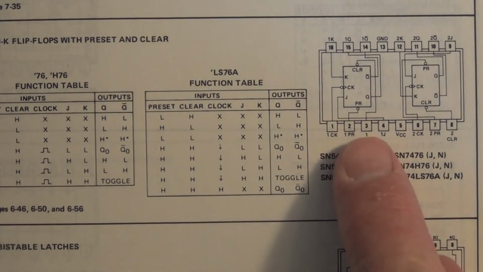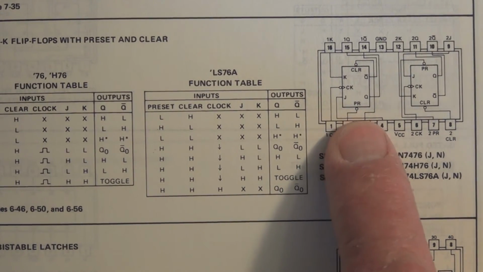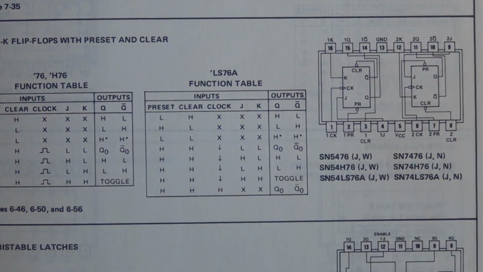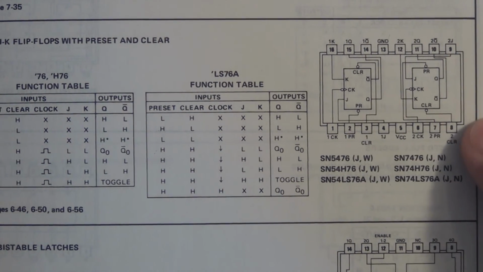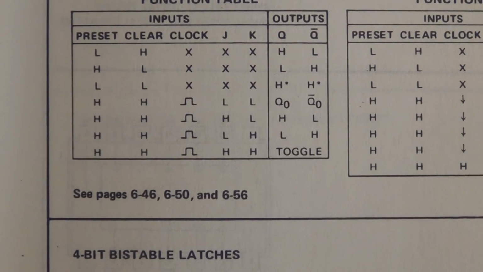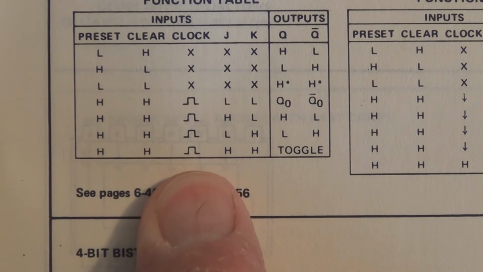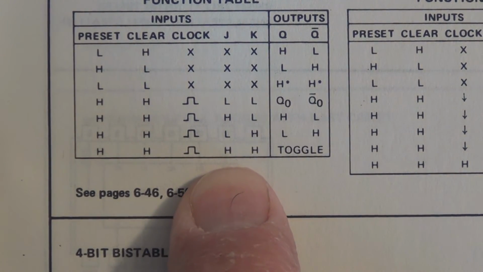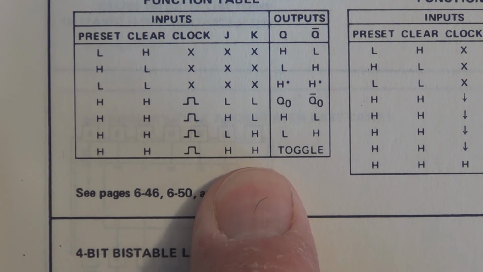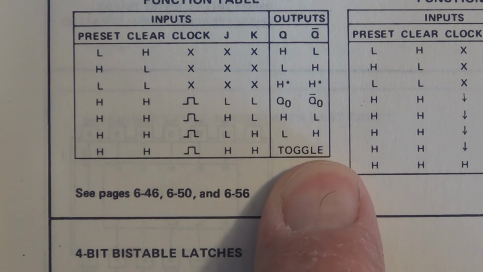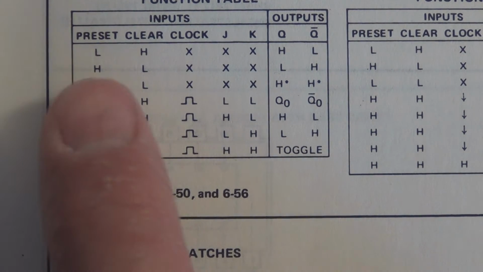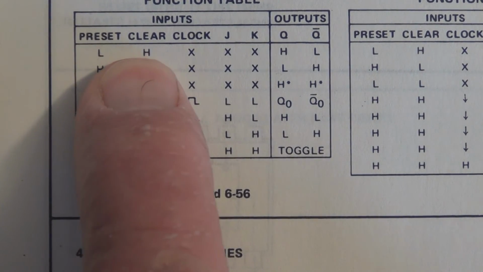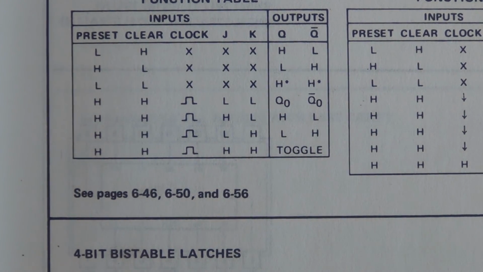So the 7476 actually has 2 flip-flops in a 16-pin DIP IC here. And if you look here with the clock symbol, if we have a high on the J and a high on the K, we're in a toggle mode of operation. There's two additional inputs on this device, a preset and a clear. We could talk about those at another time.